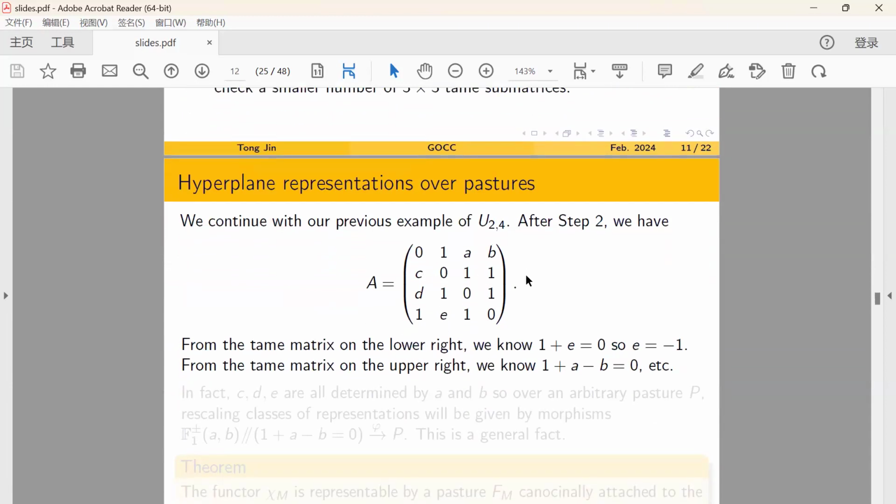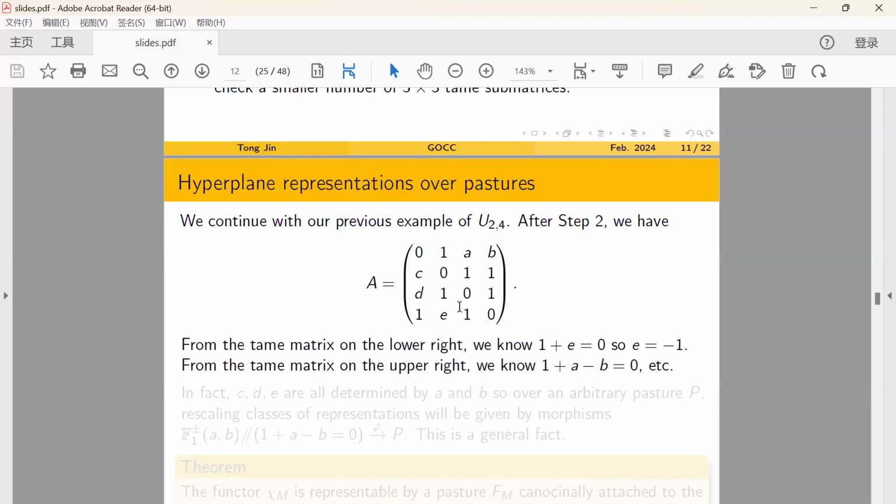Now, for step 3, we look at the TIM matrices. For instance, the lower right part, (0, 1, 1; 1, 0, 1; E, 1, 0), is a TIM submatrix. It actually has 3 zeros in skew positions, because they have different row and column indices.